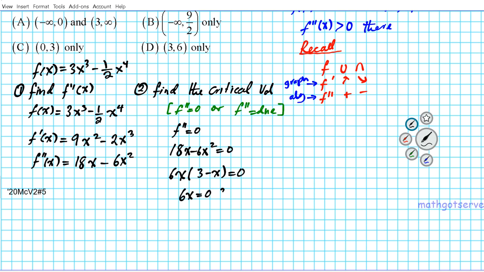Then using the zero product property, set both equal to 0. So x equals 0 or x equals 3. When is f double prime nonexistent? Well, this is a polynomial function. It's smooth and continuous. We don't have any funny things happening here. So it's defined on the entire domain.